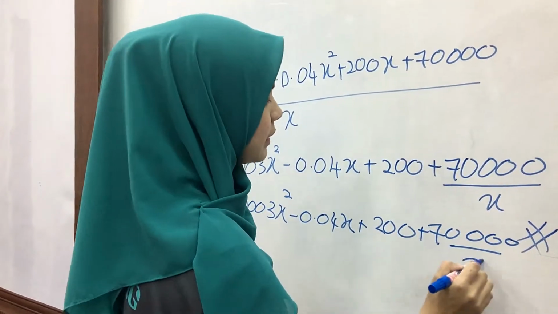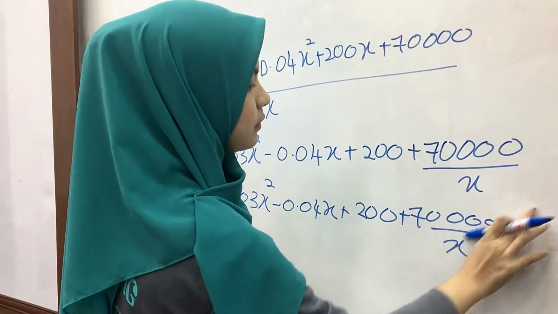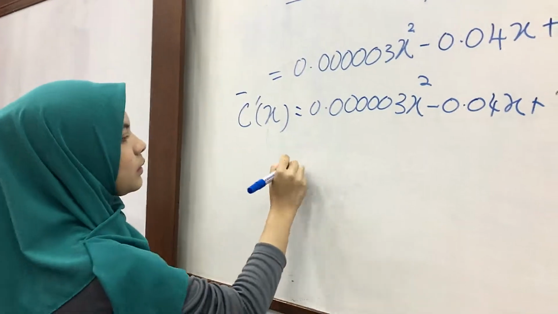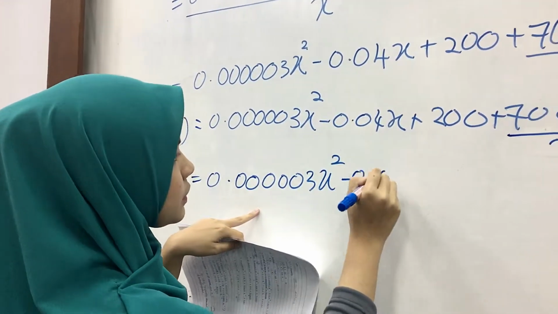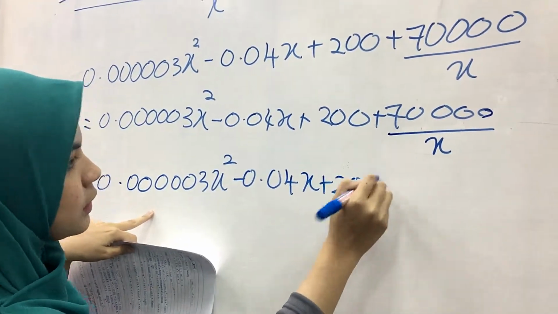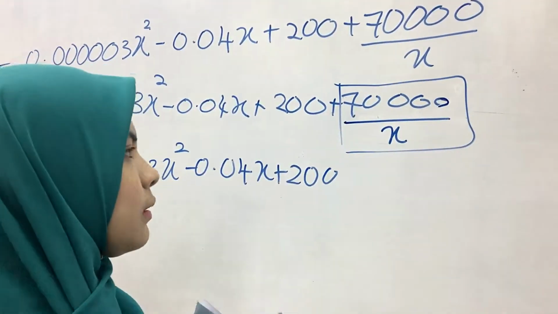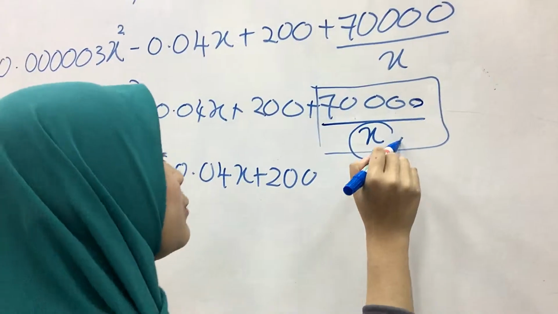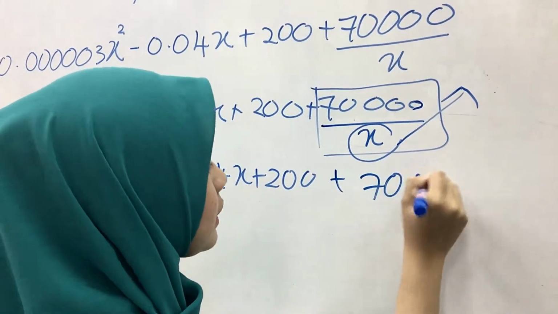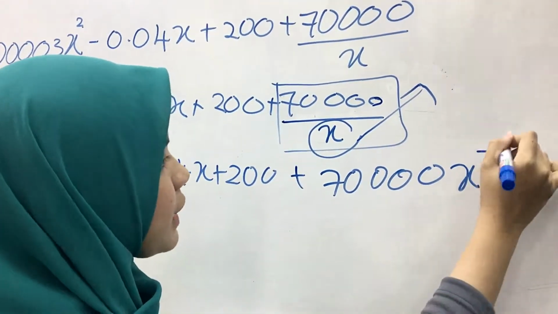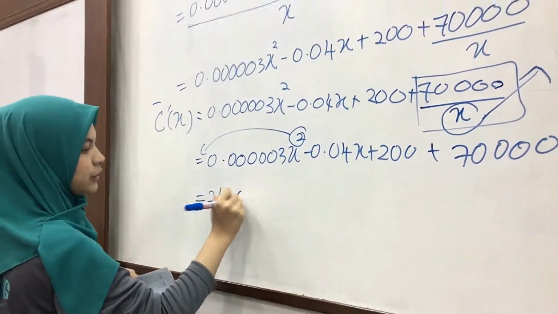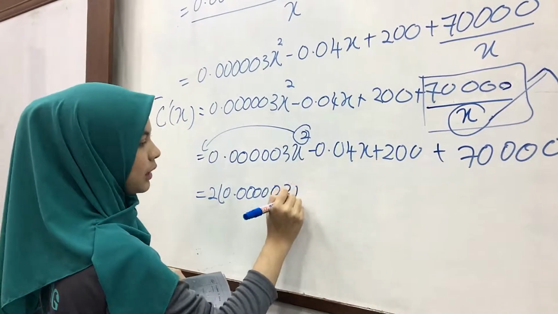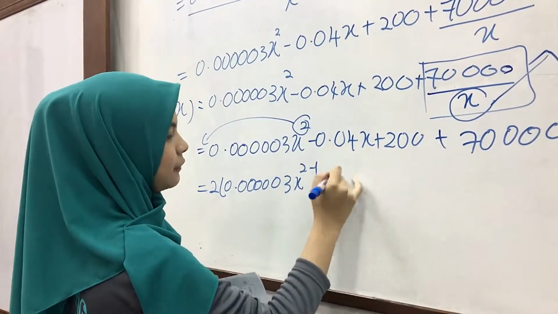$70,000 per x. So, too easy to derive. So, x brought to the upside becomes 70,000 x to the power of negative 1. So, derive, using the power rule: x to the power of 2 minus 1, derive.